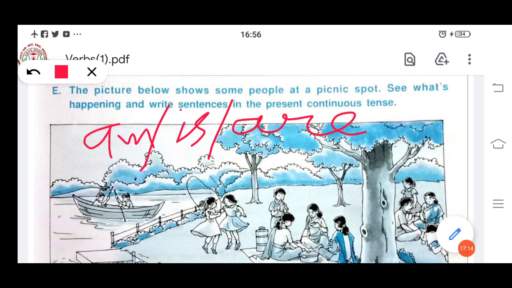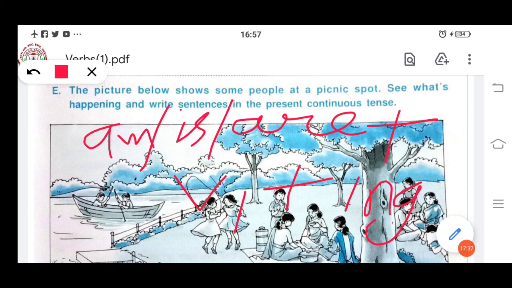and after that plus verb first form plus ing. Yesterday also I told you verb first form plus ing comes in all the continuous tenses, whether it is past continuous or future continuous.